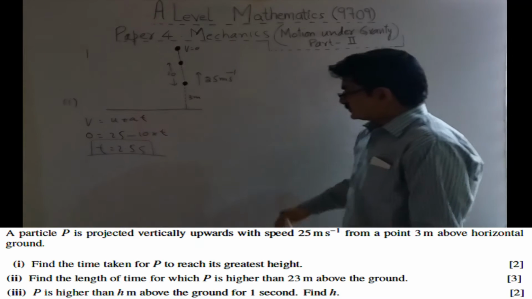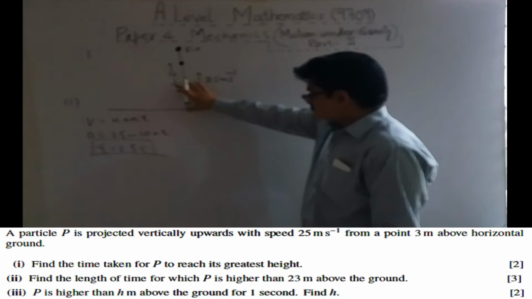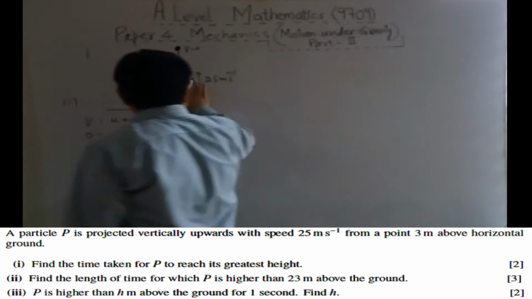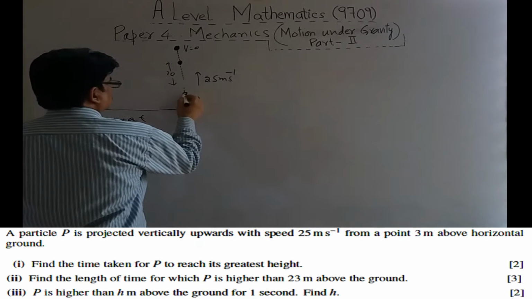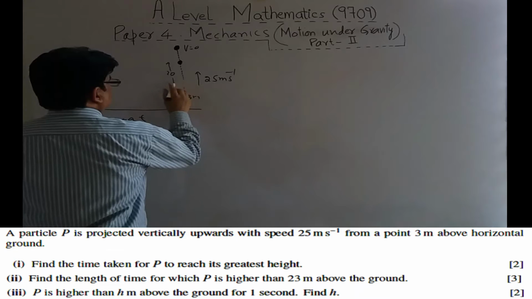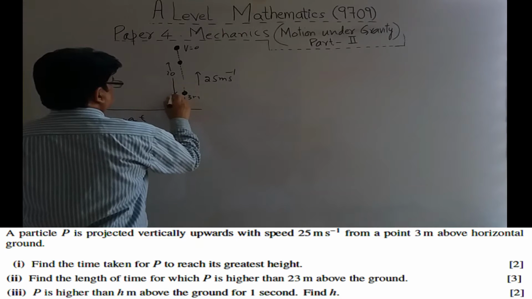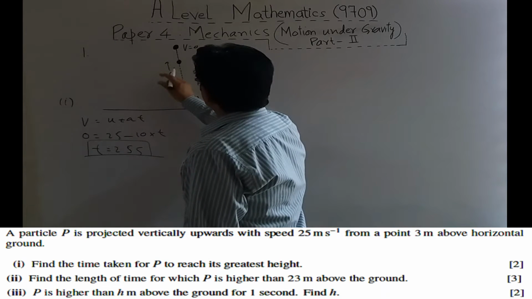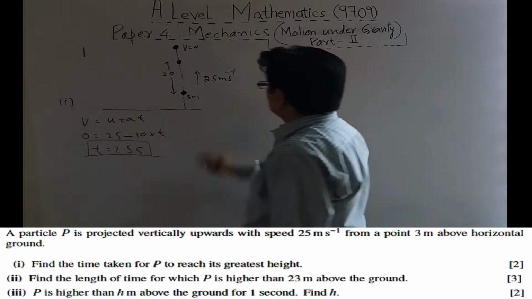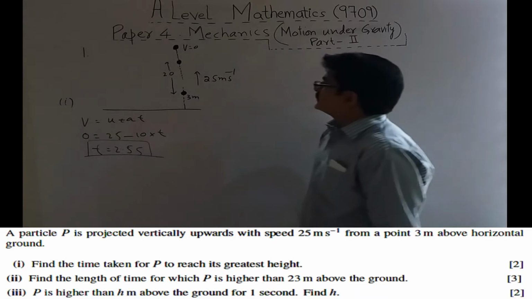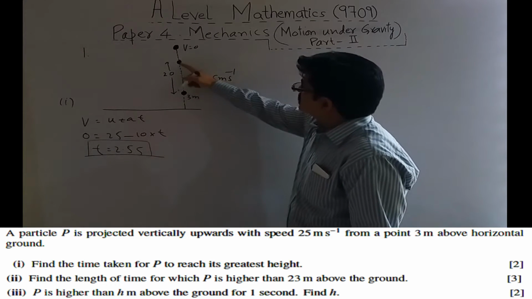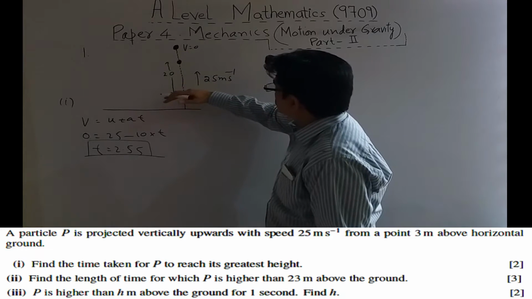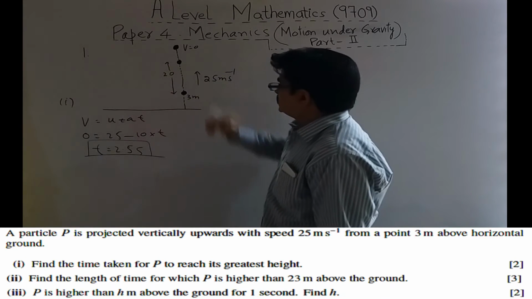This is not drawn to scale, of course, 3 is much smaller than 20. Diagram is not part of the solution. This is just to understand the situation in this question. If from this to this point it's 23, then this distance will be 20.